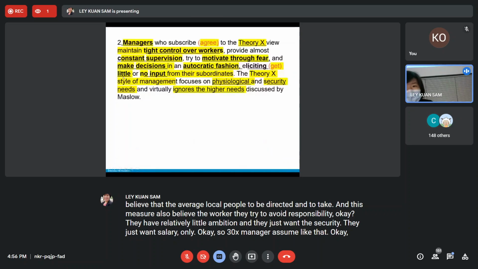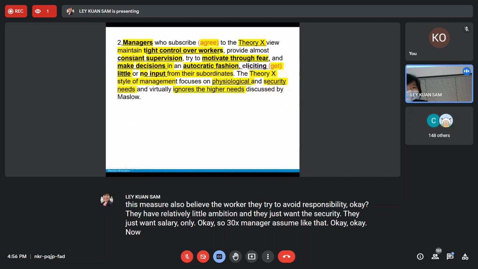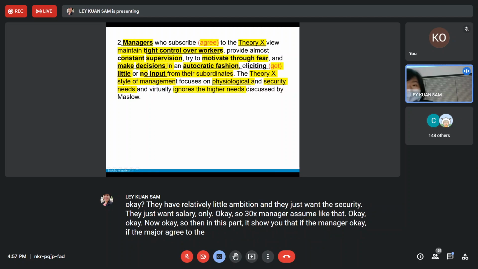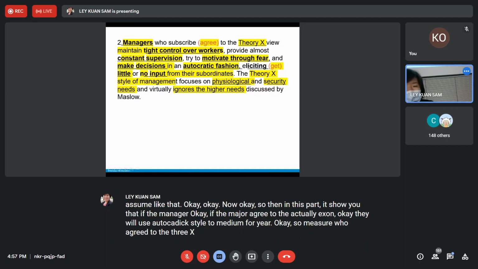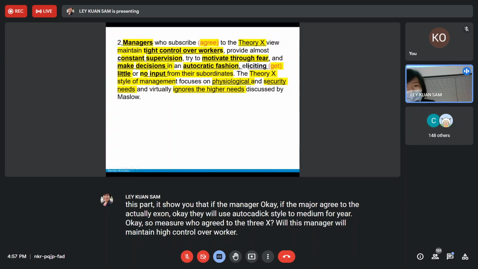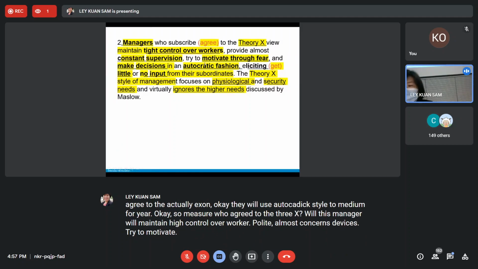In this part it shows that if the manager agrees with Theory X, they will use an autocratic style to lead their employees. A manager who agrees with the Theory X view will maintain tight control over workers, provide almost constant supervision, try to motivate employees through fear, and make decisions in an autocratic fashion.